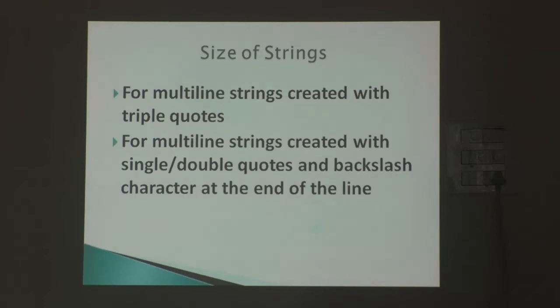See here, when we are finding the size of the string, when we are enclosing the string by using triple quotes, the size will be different. When we are enclosing the string within single or double quotes, if we are using any backslash at the end, that time the size of the string will be different. I will explain one by one. See here.